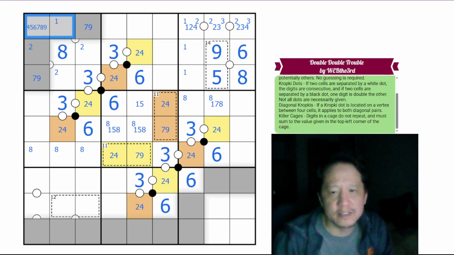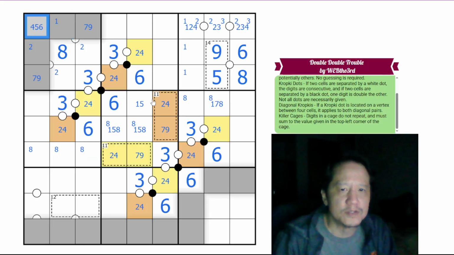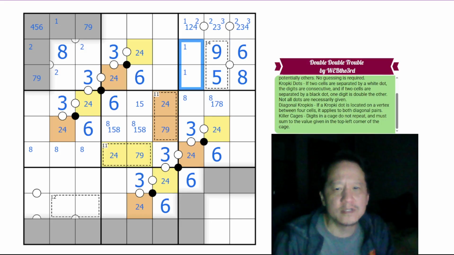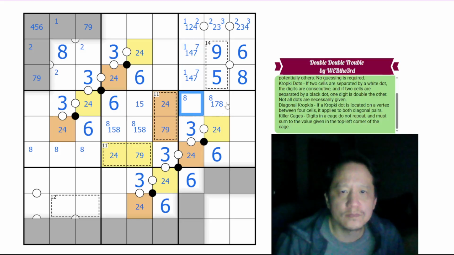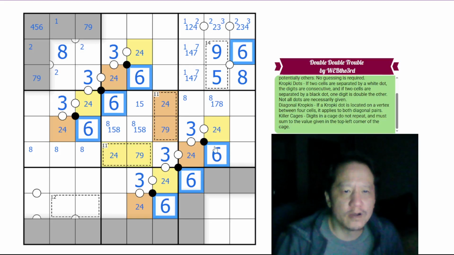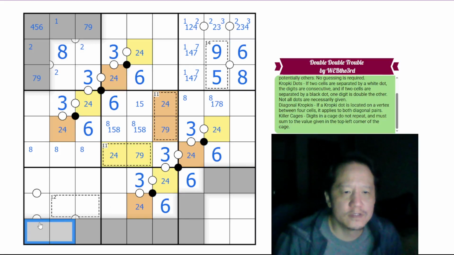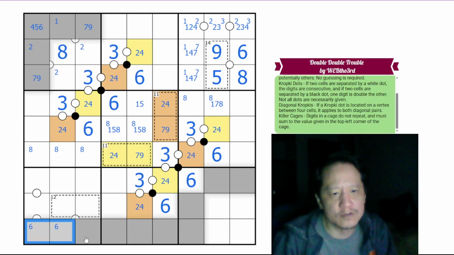This eliminates 7, 8, and 9 here in this row. This has to be 7, 1, or 4 here, which is a guaranteed 7 in one of those cells. We have 6 has to be one of these two cells.